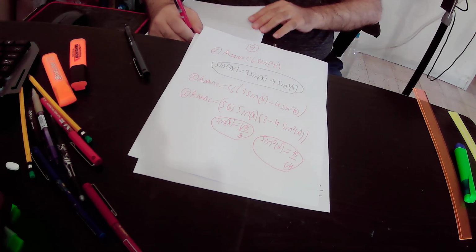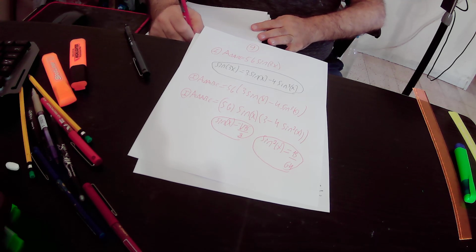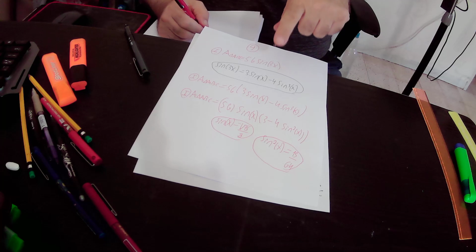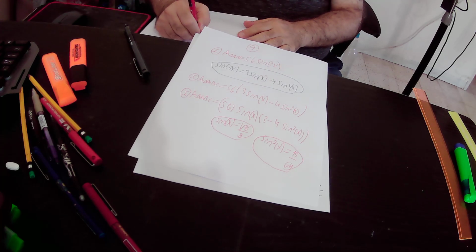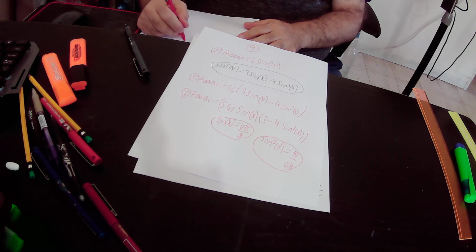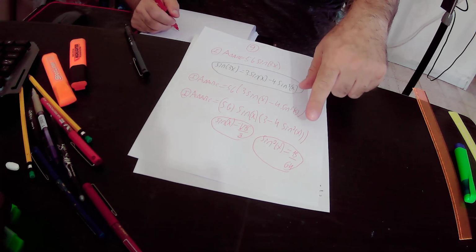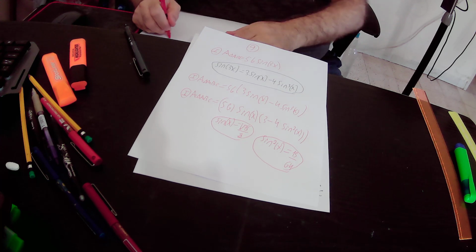So we will do it now. We will get that the area of triangle ABC equals 56 times sine x, which is root 15 over 8, times 3 minus 4 times sine square x, which is 15 over 64.